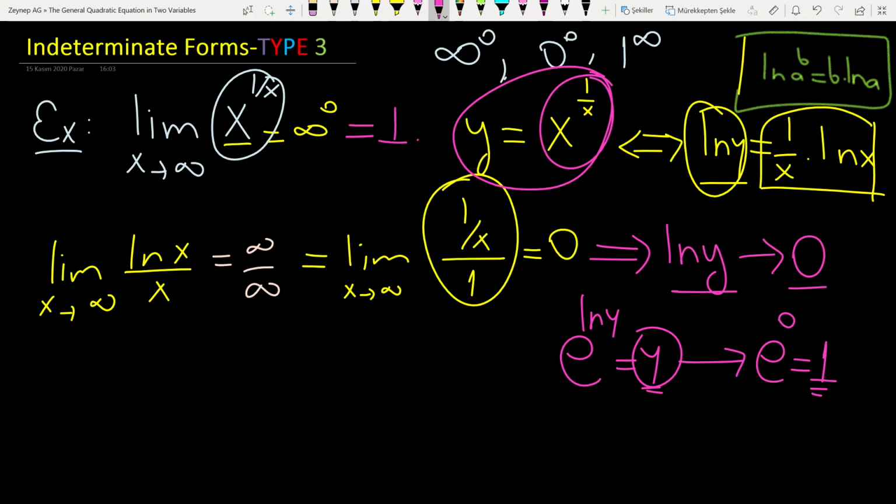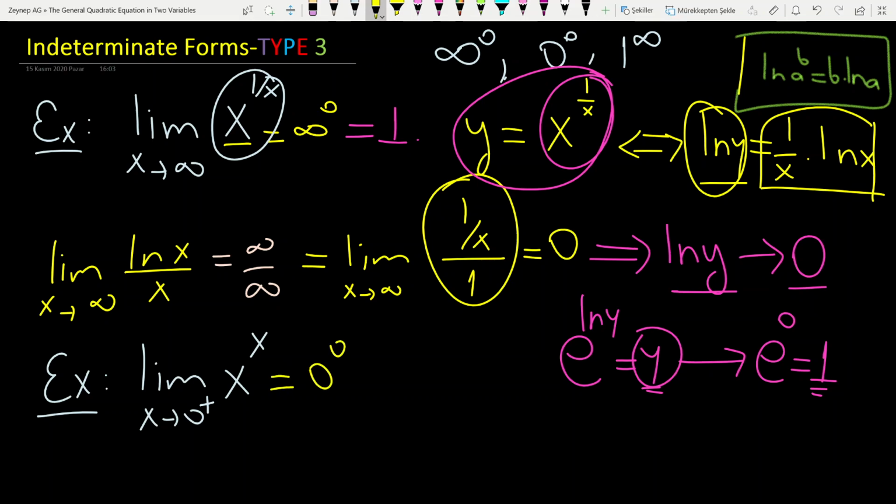It is the way. Let's look at another example. Example 2. Limit of x to the power x. I slightly change the question: x tends to 0 from the right. If you look at this question, you see that you have 0 to the power 0, type 3, right?